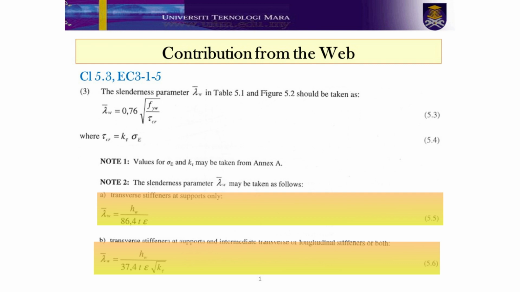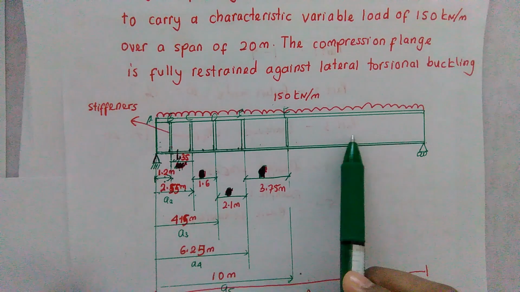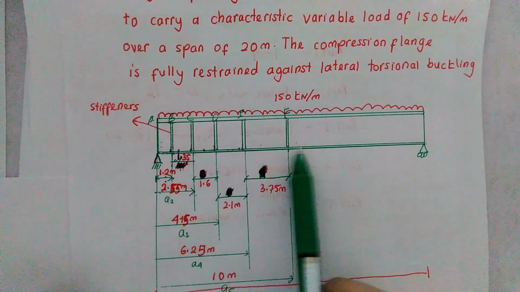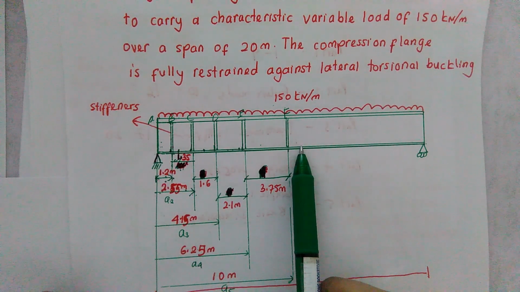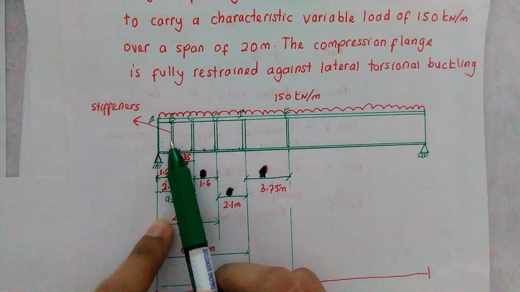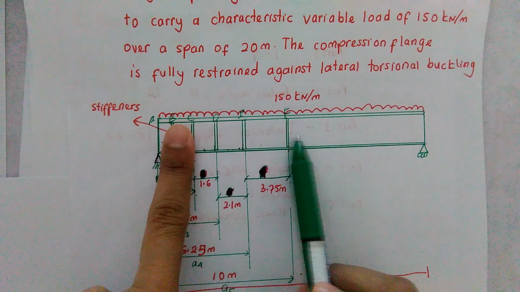So in our case, we are using Equation 5.6 because, as you can see in our plate girder, we have so many panels in the intermediate span, whereby these are the panels. If you choose Equation 5.5, it means that you only have a panel at supports, whereby you don't have all the rest of the panels.